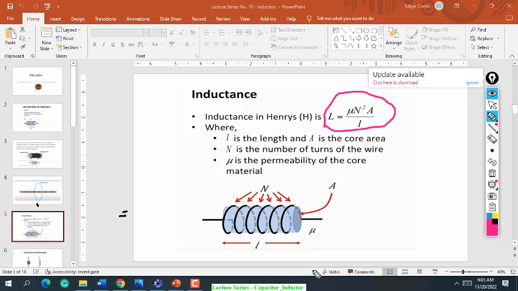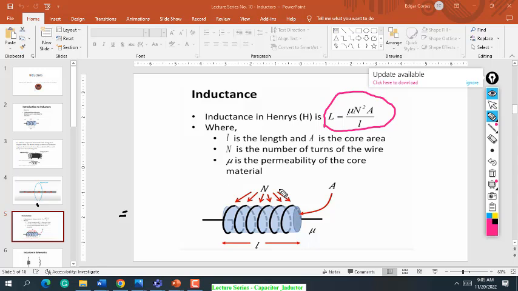We have the length, the area of the core, and the number N, which is the number of turns, and mu is the permeability. In the capacitor, that is permittivity, which is inherent to the material being used in the capacitor.